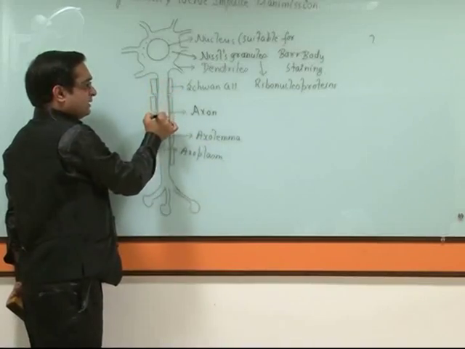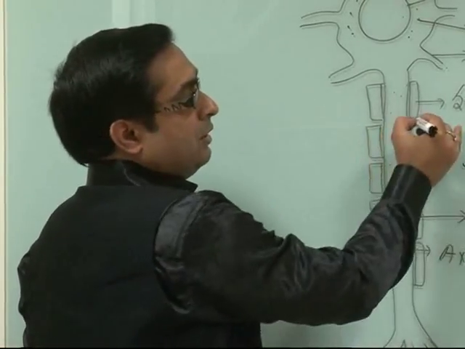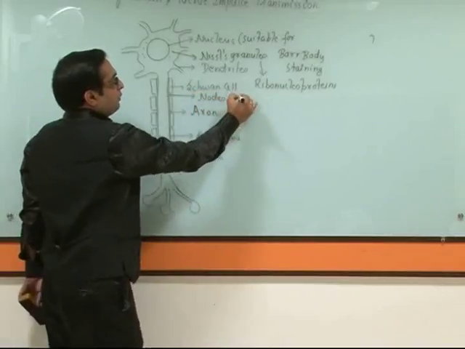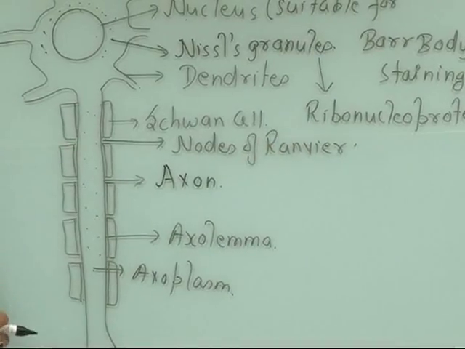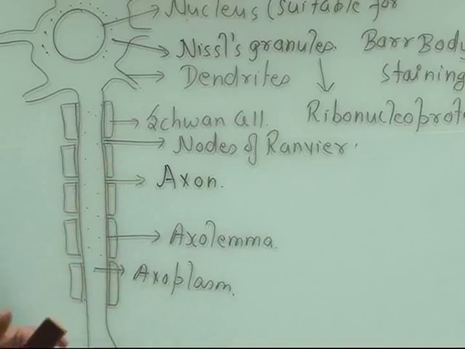There are certain areas in the axon where myelin sheath is absent. Those gaps are called nodes of Ranvier. At the node of Ranvier, myelin sheath is absent and even Schwann cells are absent.